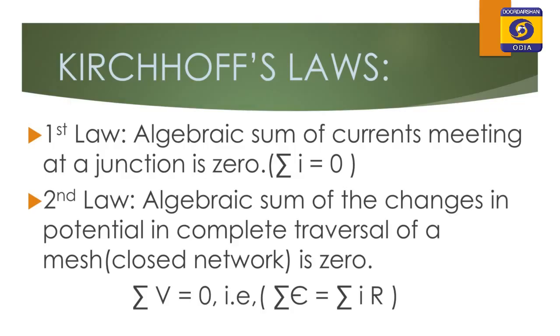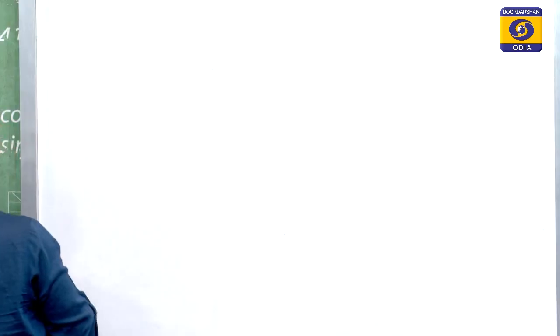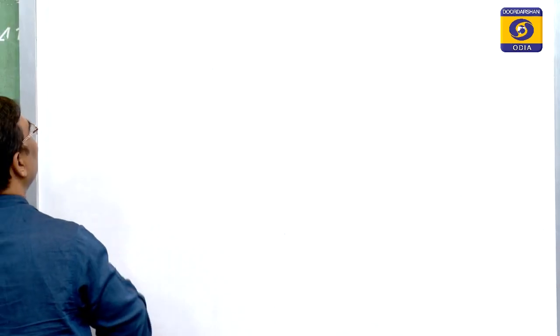It states that the algebraic sum of the changes in potential in a complete traversal of a mesh, which is a closed network, is always 0. The second law tells us that summation V equal to 0, which is in accordance with the conservation of energy. Consider a closed mesh of a network. Suppose a closed mesh is like this.